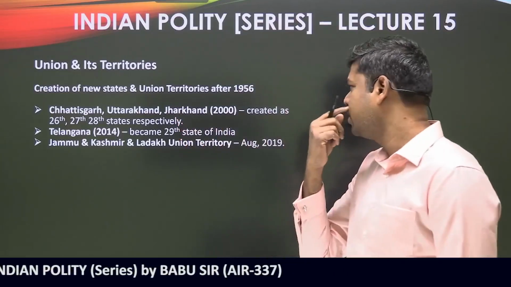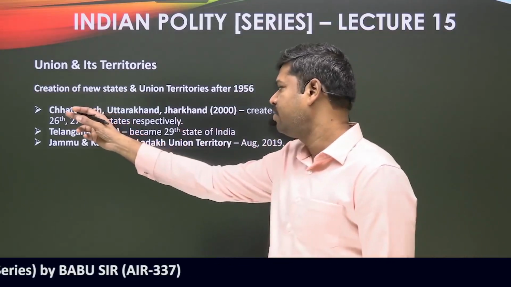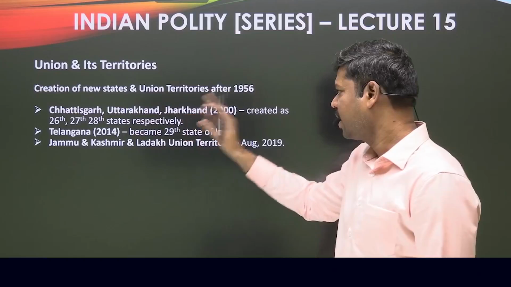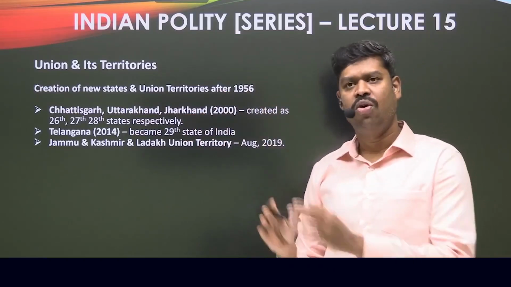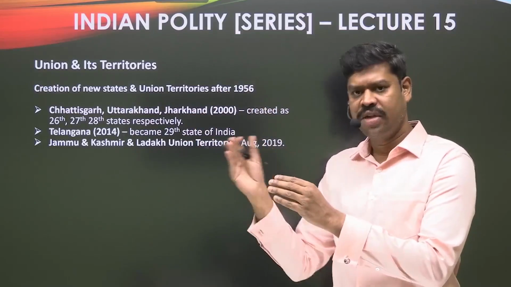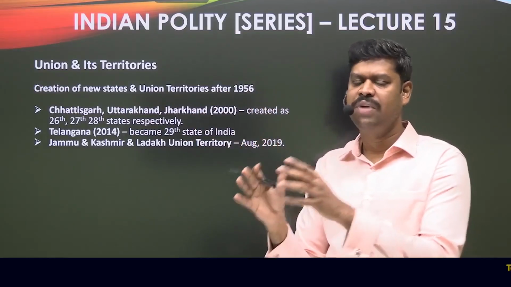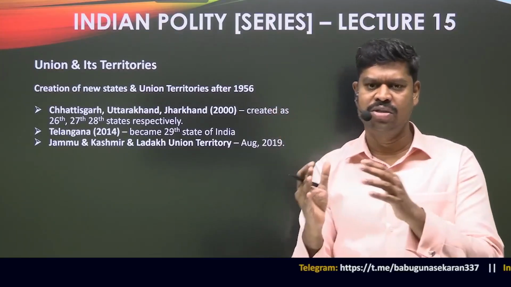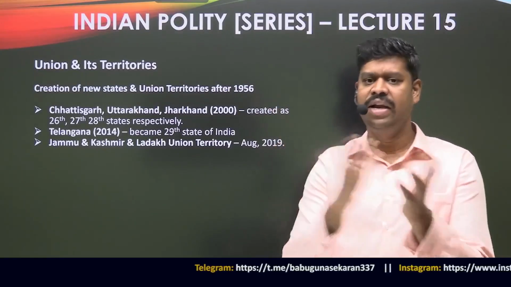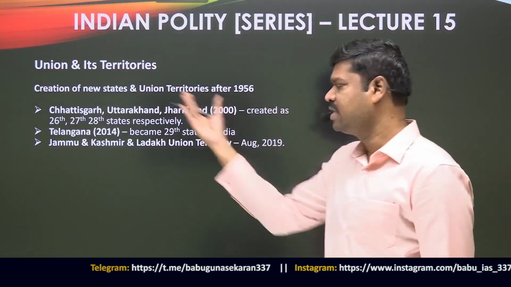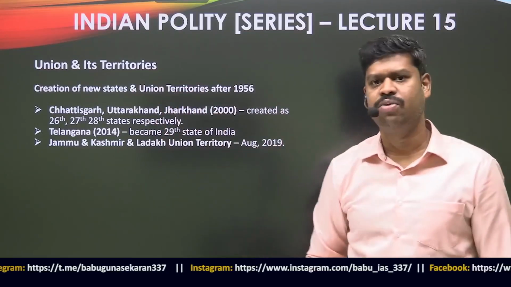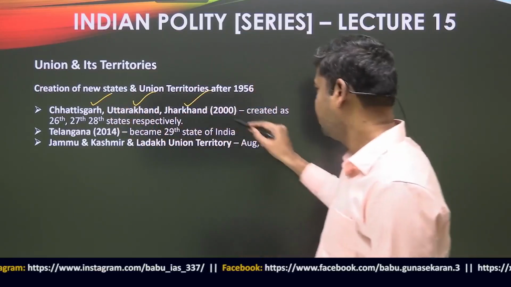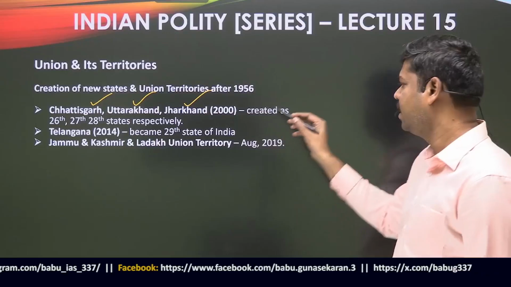Chhattisgarh was created from the state of Madhya Pradesh, Uttarakhand was created from Uttar Pradesh, and Jharkhand was created from Bihar. These regions had become really backward, and to empower them and make them developed, they thought of creating a separate state. So although the people were speaking the same language, a separate state was created because of regional disparity. Chhattisgarh, Uttarakhand and Jharkhand became the 26th, 27th and 28th state respectively.